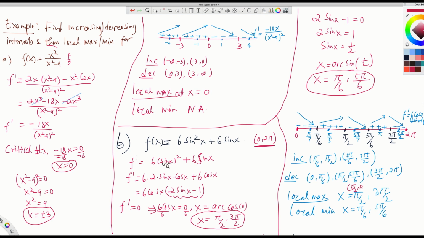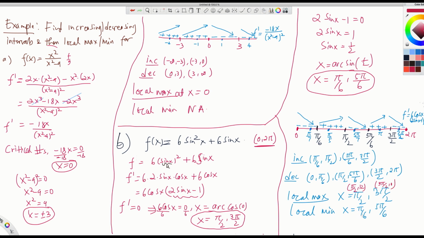Pi over 2, 12. And plug in 3 pi over 2. Sine 3 pi over 2 is -1. So 6 times -1 square is positive 6, and then 6 times -1 is -6. So 6 minus 6 will be 0. So it will be 3 pi over 2 comma 0.